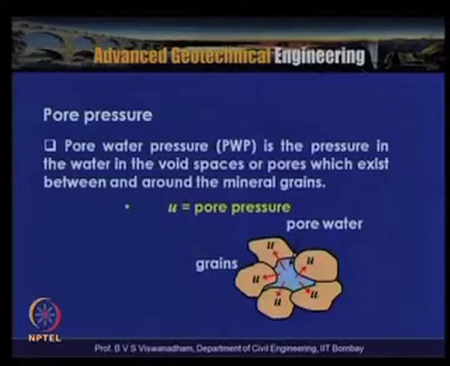Then pore water pressure, or pore pressure, is the pressure in the water in the void spaces or pores which exist between and around mineral grains. Here, a schematic arrangement of the grains is shown, and this is the pore water pressure exerted in all directions along the inner surfaces of the soil solids.